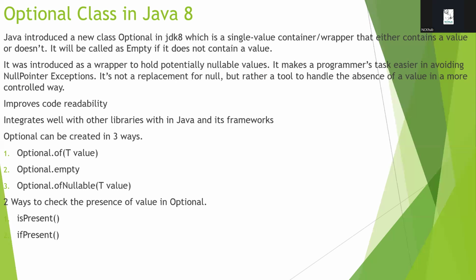Compared to traditional programming before Java 1.8, the usual null checks that we do across each and every object that we declare or create in our code, we can replace all those null checks using this Optional class. But this is not a complete replacement for null, but rather a tool that can handle null pointer exceptions in a very controlled and effective way.